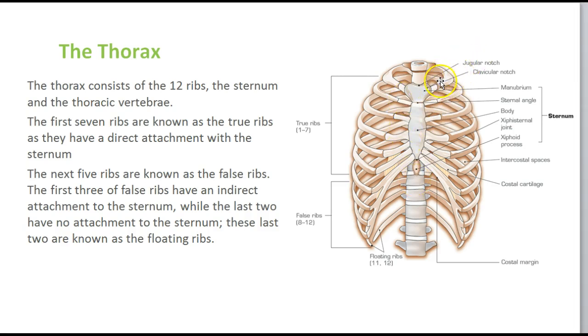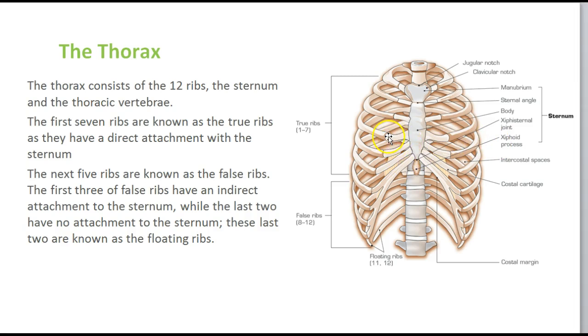If we look here, we've got what we call the jugular notch, which is called that because the jugular vein passes through there. The clavicle notch there, so the clavicle attaches there. The manubrium here, and the sternal angle, the body, and the xiphoid process.